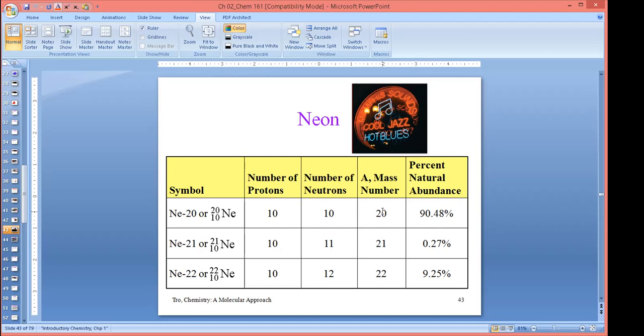And the 20 isotope is more important. The 21 is nearly negligible, right? Just 0.27%. And then the 22 is the rest. So, around 90, almost, you could ignore it, and 9%, or 90 and a half, and 9 and a quarter there.